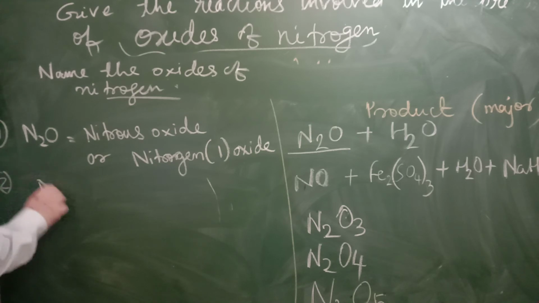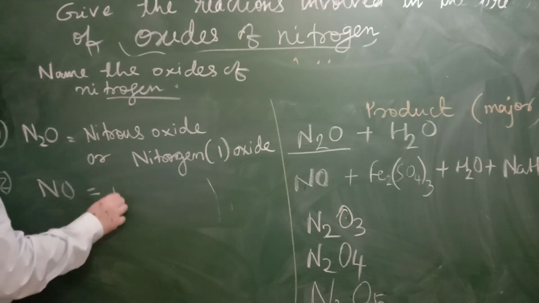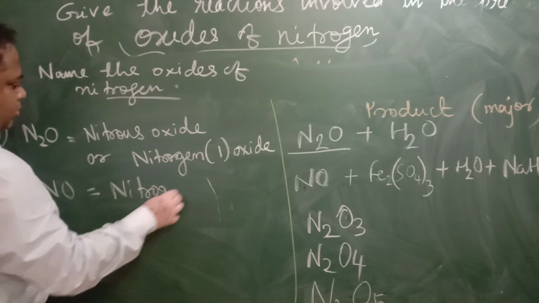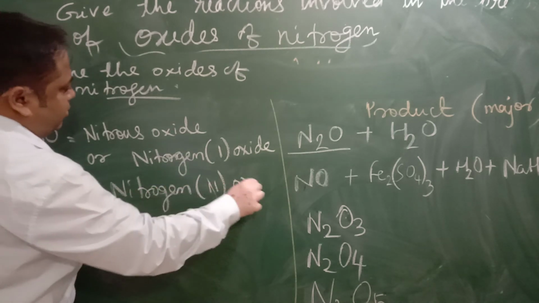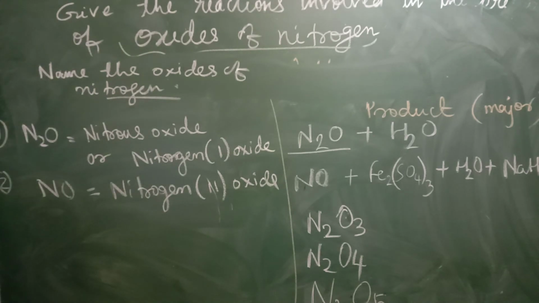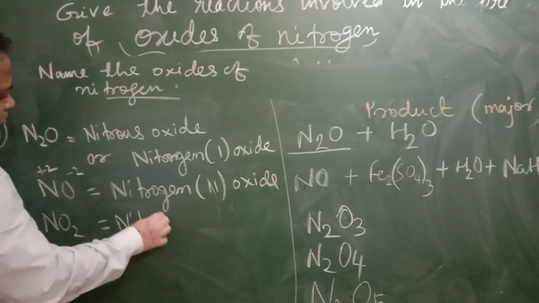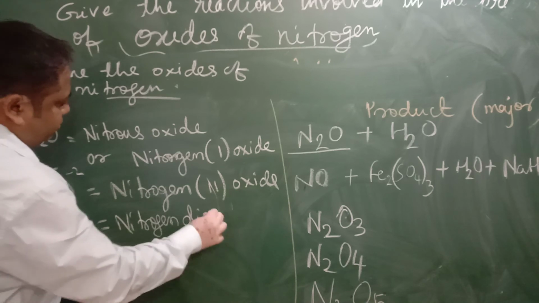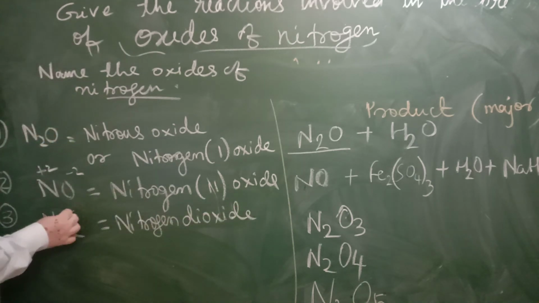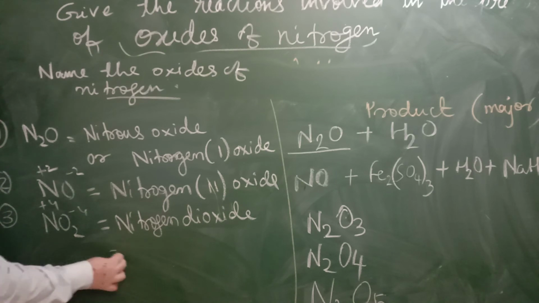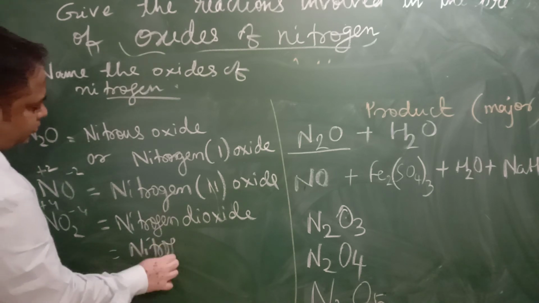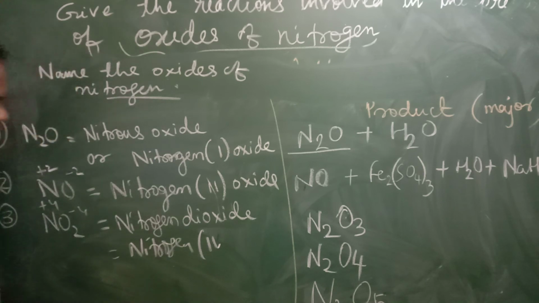Second, NO. This will be nitrogen(II) oxide. Why? Because oxygen is -2, this will be +2. Third, NO2, nitrogen dioxide, or this is -4, so this will be +4, or nitrogen(IV) oxide.